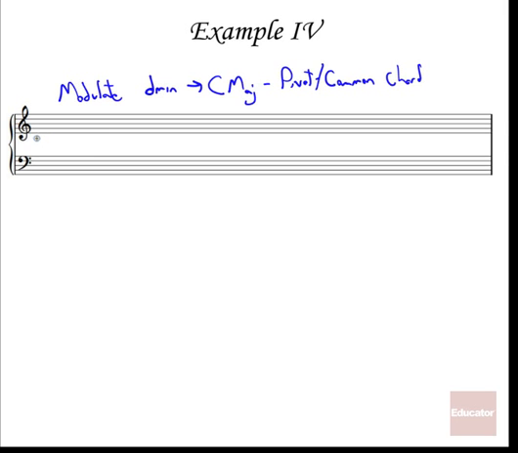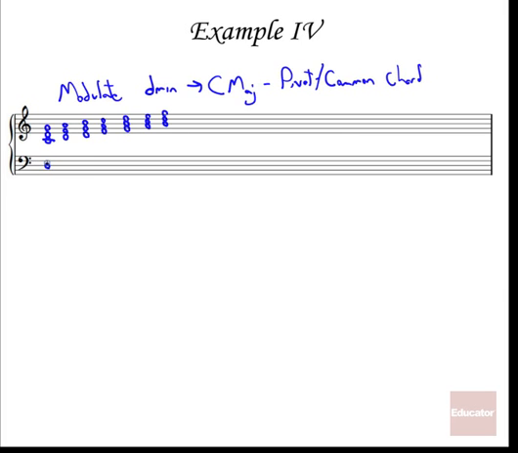So let's look at the chords in C major. So C, E, G; D, F, A; E, G, B; F, A, C; G, B, D; A, C, E; and B, D, F. And then let's write up the chords in D minor.